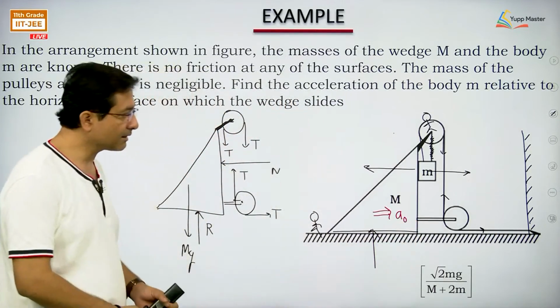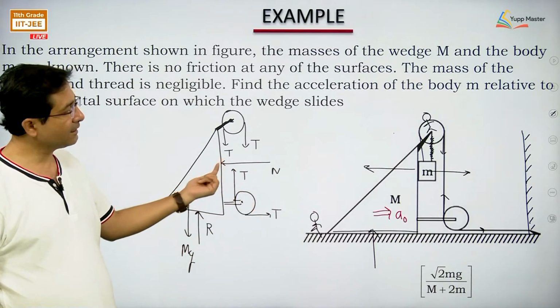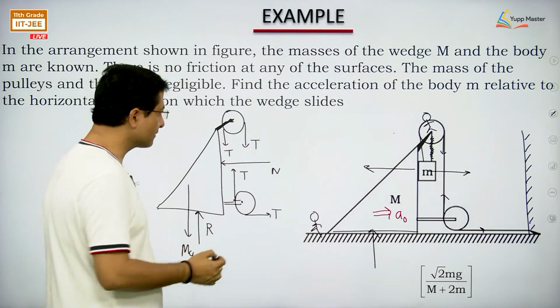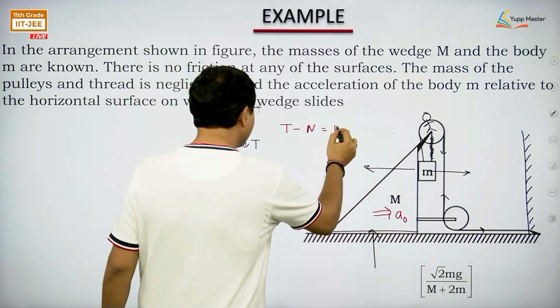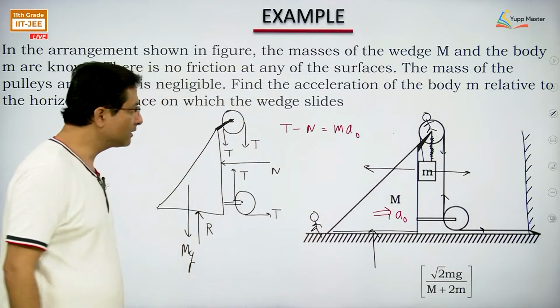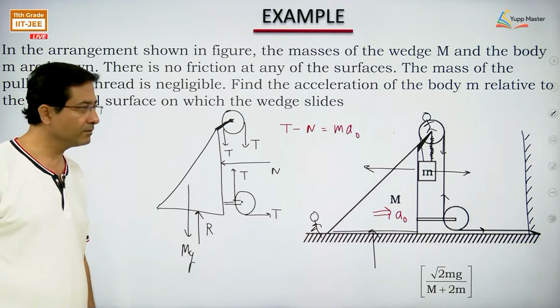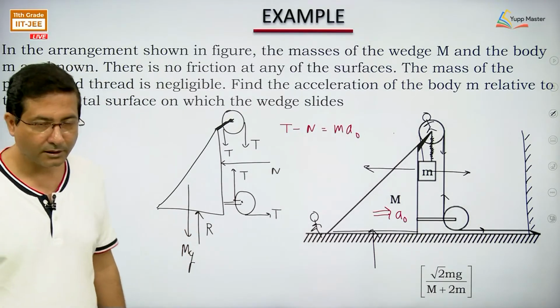So along the direction of acceleration, T in this direction and in the opposite direction N, so T minus N is equal to mass into acceleration. T minus N is equal to m a naught. This is for the wedge, right?